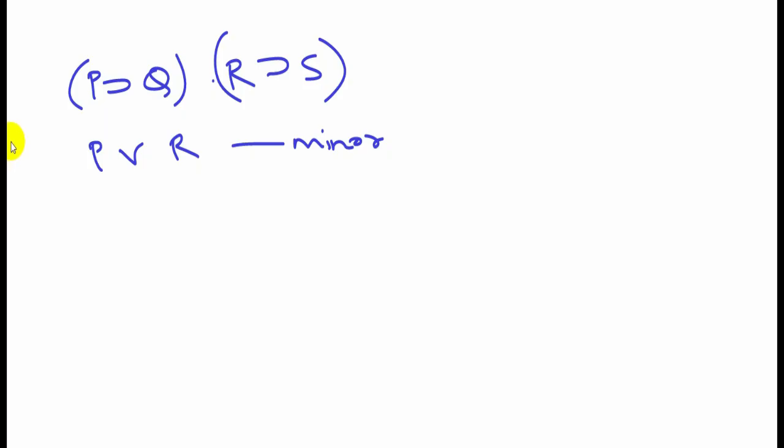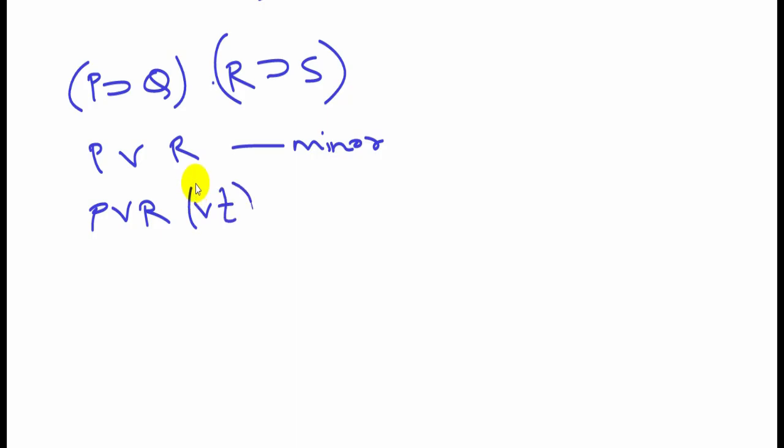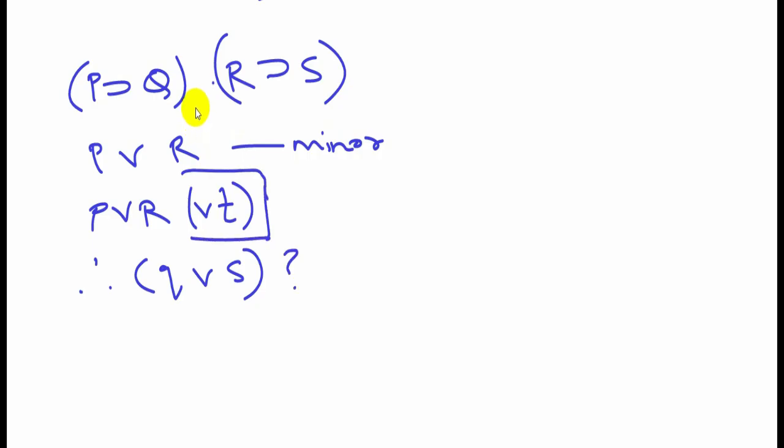Now, if the minor premise has an error of say P or R or T, an additional alternative comes up, then this is a fallacy. Therefore, Q or S. But what about this alternative? There's one more alternative here.